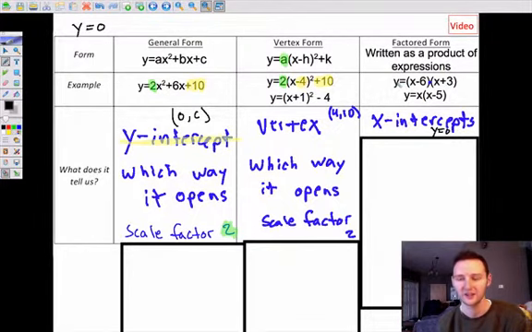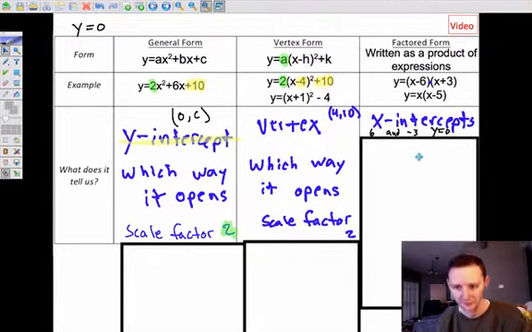So if y is 0, then, and this is something that we'll get into later, the x-intercepts are actually going to be 6 and negative 3 in this case. If that's confusing for you, where I got the 6 and negative 3, don't worry, because we'll figure that out in our next few learning targets.